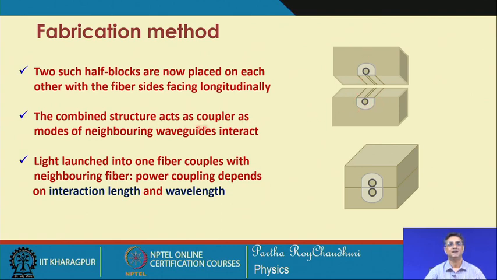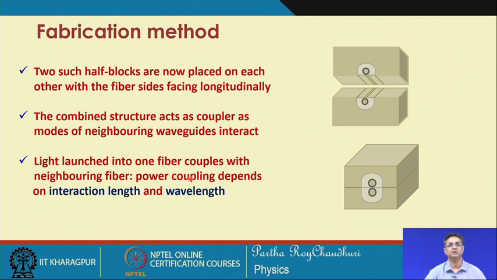The combined structure acts as a coupler as modes of the neighboring waveguides interact. In this waveguide there is a field, and this can also support a mode. So, there will be an interaction. As a result, the light will travel from one fiber to another through the evanescent coupling of the modes.